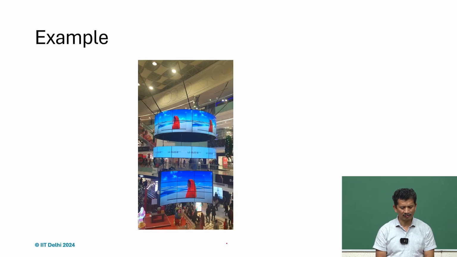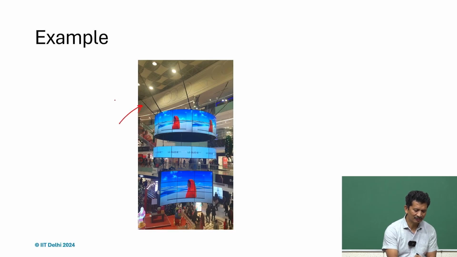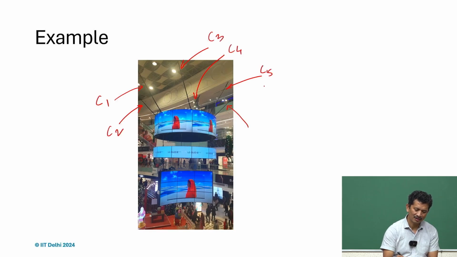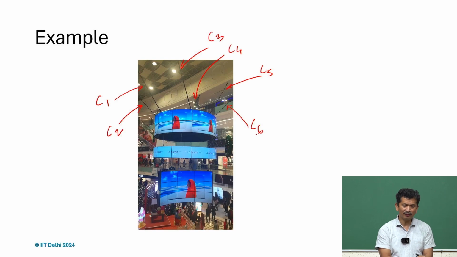I just clicked it and used it for the course, and what we realize here, we can see the cables here, 3, then you have here 4, 5 and 6. So, C1, C2, C3, C4, C5, C6, and very good exercise.